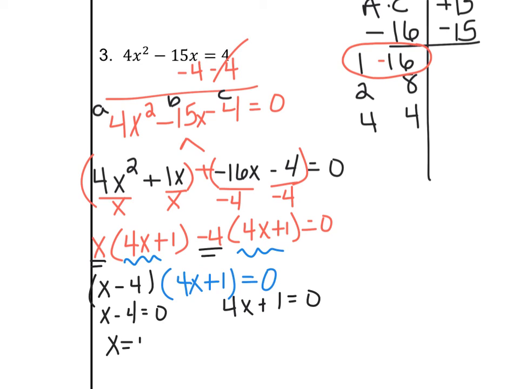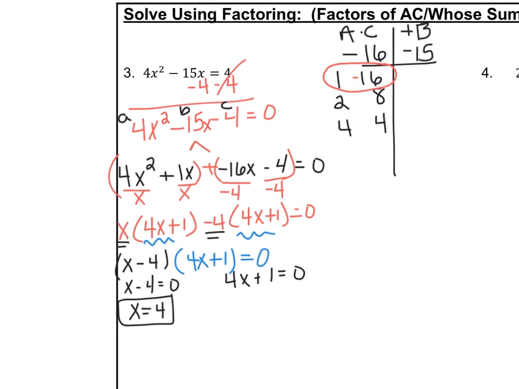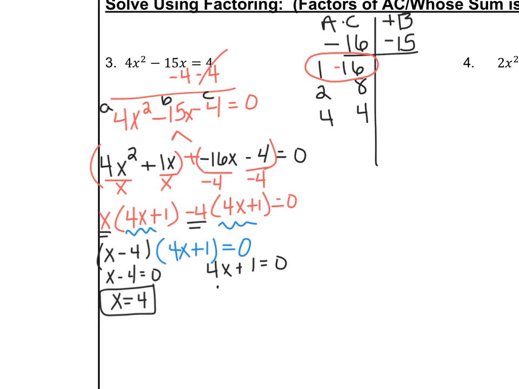I get x equals 4. The second side, I subtract 1. And I divide by 4. I get x equals negative 1 over 4.